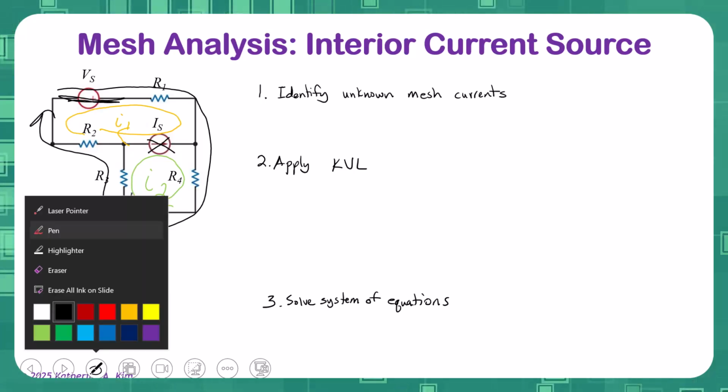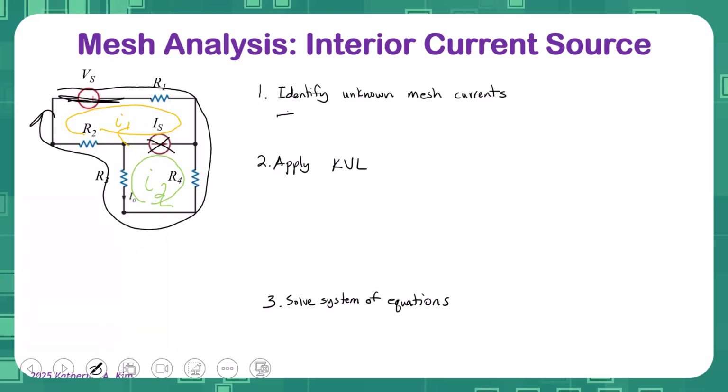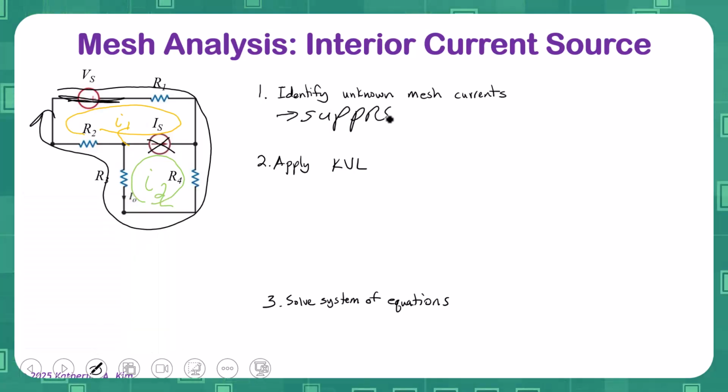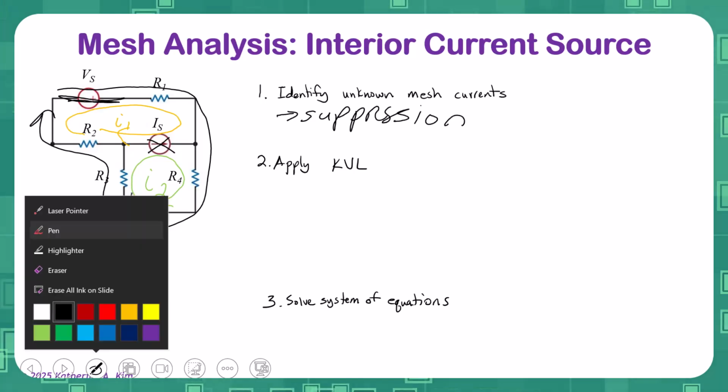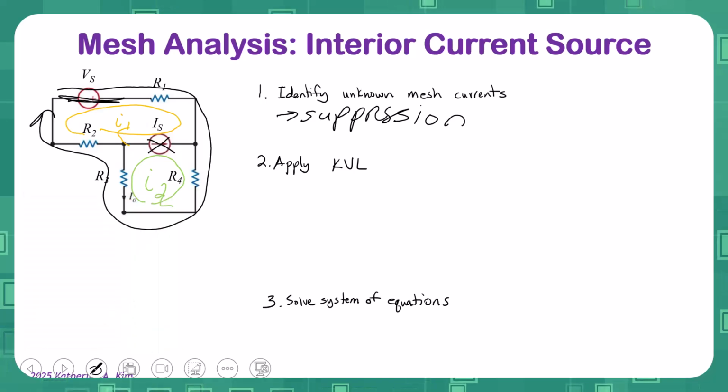Let me erase and write that down over here. So source suppression tells us that the unknown here, let's say it's I1, we can just choose one. I1 is our unknown.